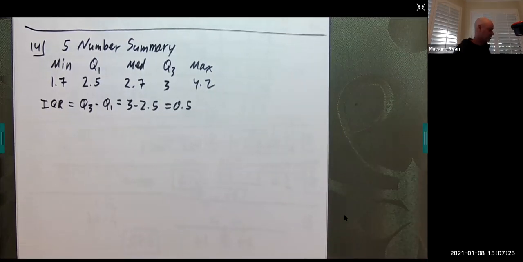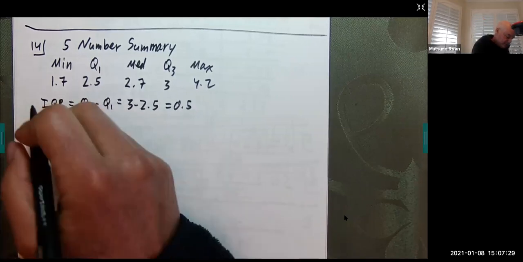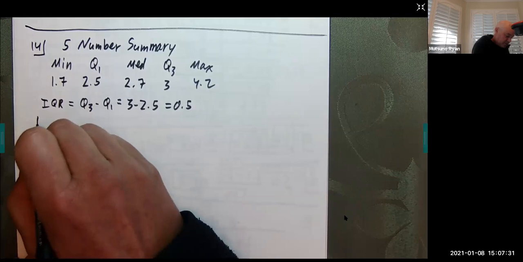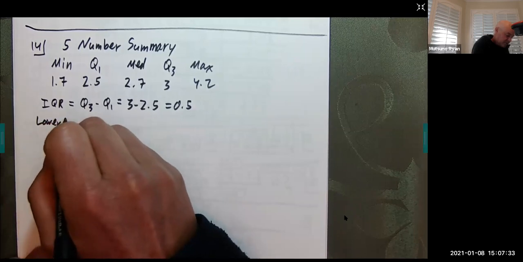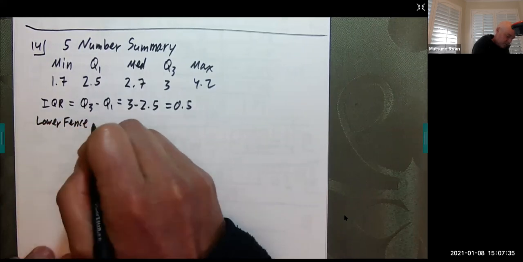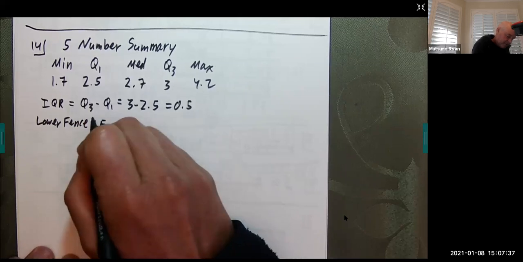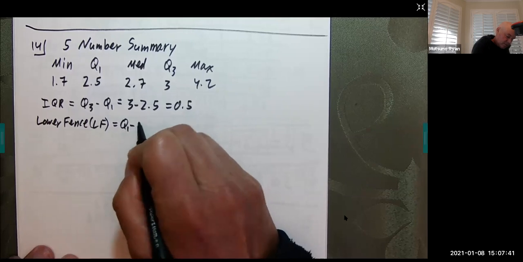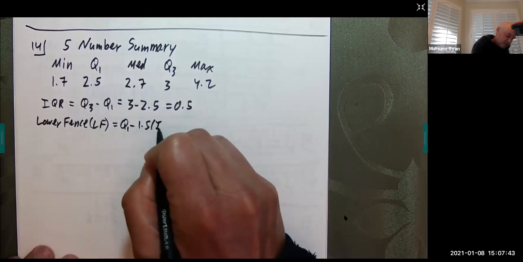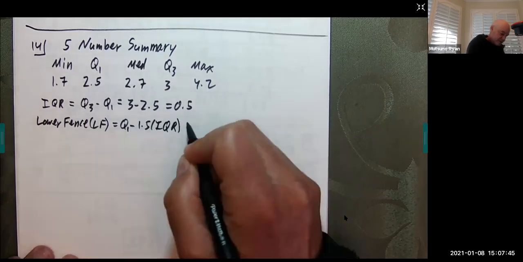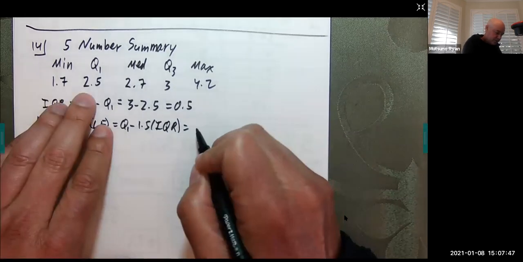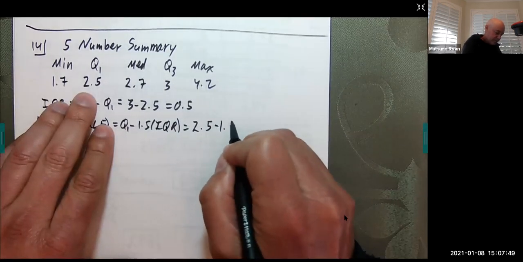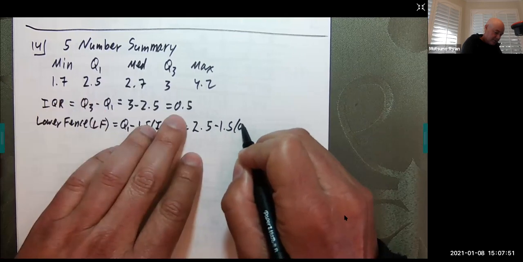So now we're going to look for outliers by finding our lower fence and our upper fence. So our lower fence, or LF, is Q sub 1 minus 1.5 times the IQR, which in this case is 2.5 minus 1.5 times 0.5.